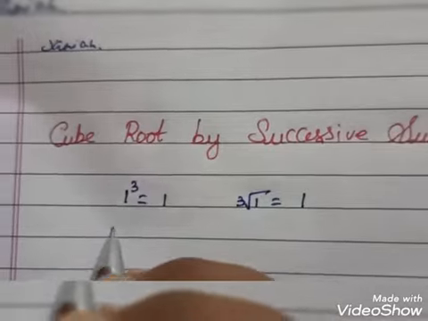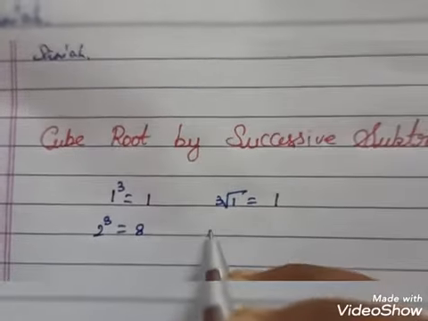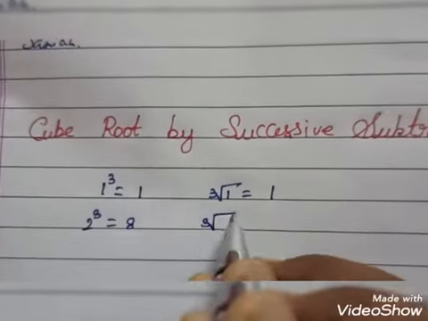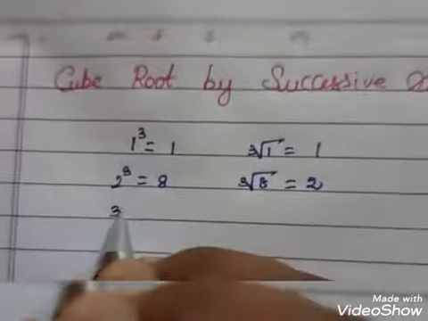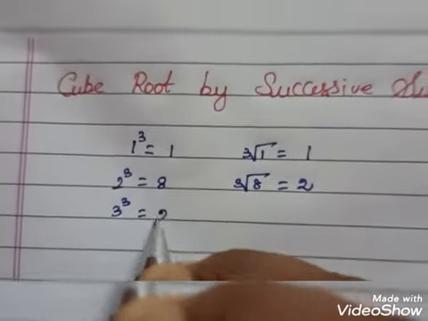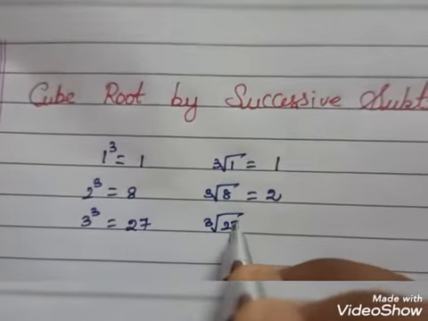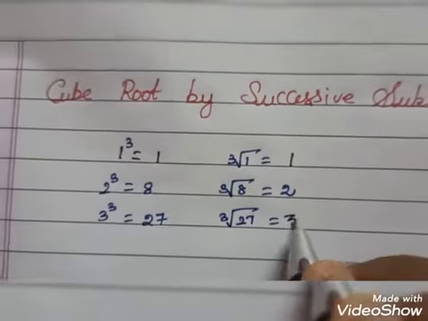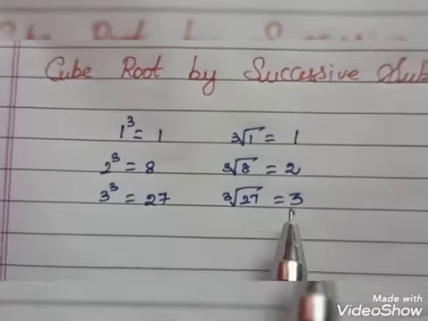The same way, 2 cube is equal to 8, so the cube root of 8 is 2, and 3 cube is equal to 27, so the cube root of 27 is equal to 3. You can write the cube root like this.